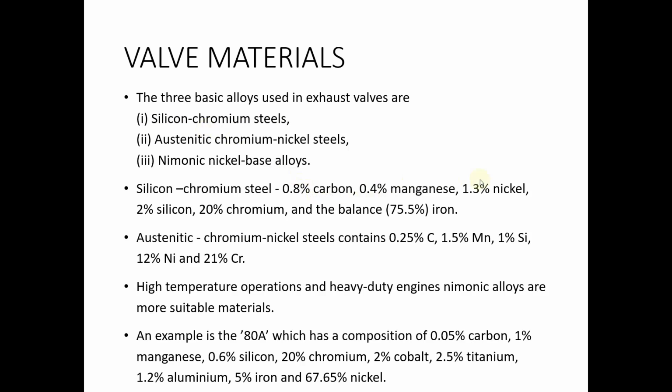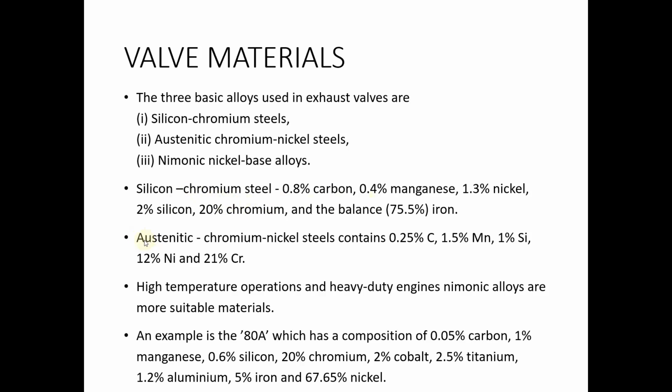The composition is shown here: 0.8% carbon, 0.4 manganese, 1.3 nickel, 2% silicon, 20% chromium, and the balance is iron. So chromium and iron are the major components. Chromium is used to improve the hot hardness. That means the resistance at higher temperatures is increased by addition of chromium. Silicon chromium steel was used in earlier days.